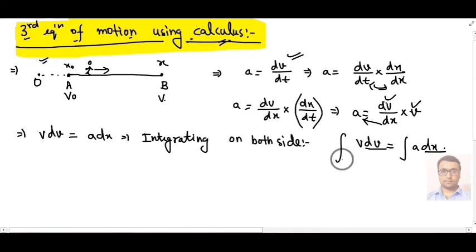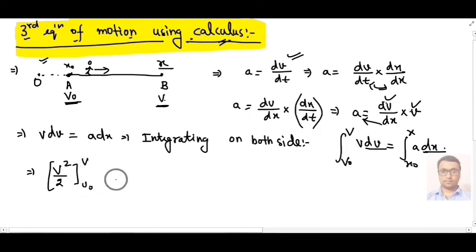For dv, the limit will be: at t equal to 0, your velocity is v0. So initial velocity is v0, initial position is x0, and the final velocity is v. So you will write v here, and for displacement the final limit is x. So you will write v square by 2, since the integration of v is v square by 2, and the limit will be v0 to v.